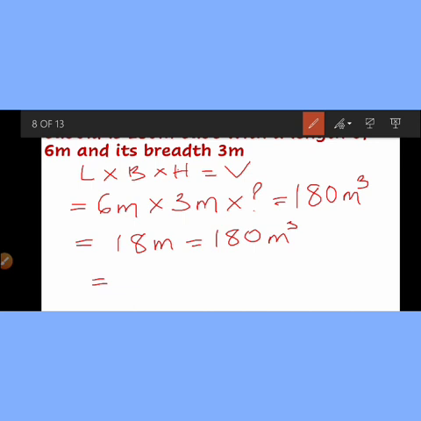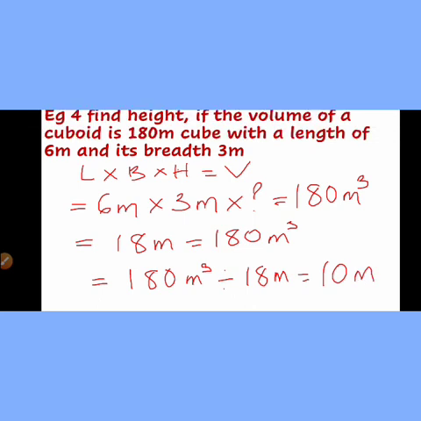Now, I'm expected to do 180 meter cube divided by 18 meter. That will give me 10 meter. So the height of the cuboid here is 10 meter.